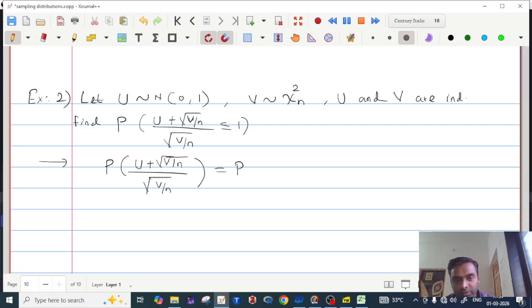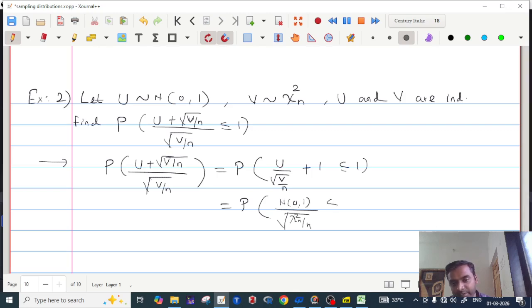If you divide this by it, we get U upon square root of V upon n, plus 1. Here U is normal 0, 1 and V is chi square n, divided by n.